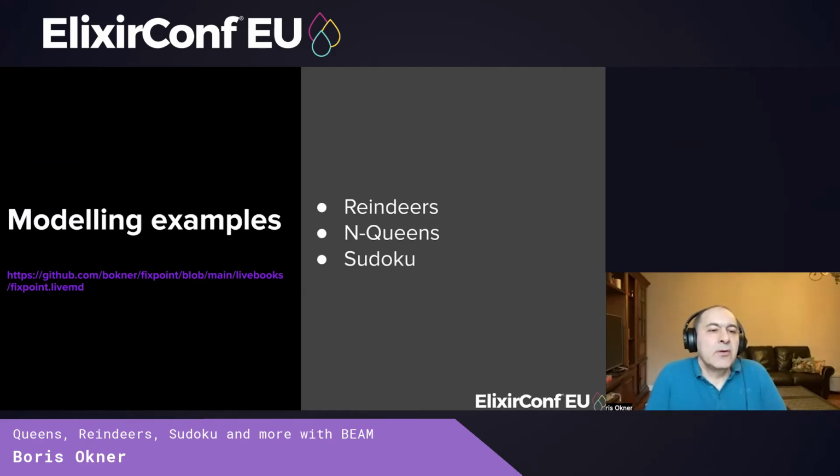And let's go to a few more examples. These examples, as advertised in the title of the talk, have a LiveBook as well, so you can run them if you want to try.